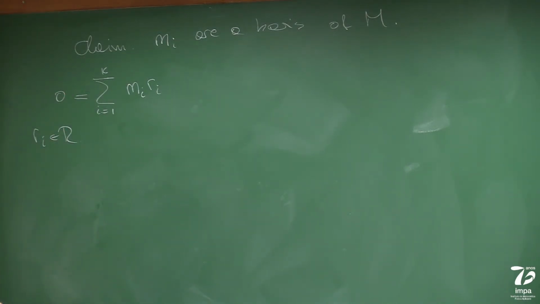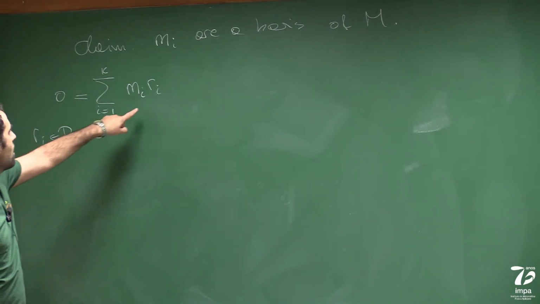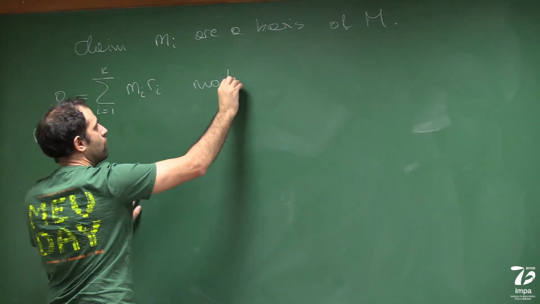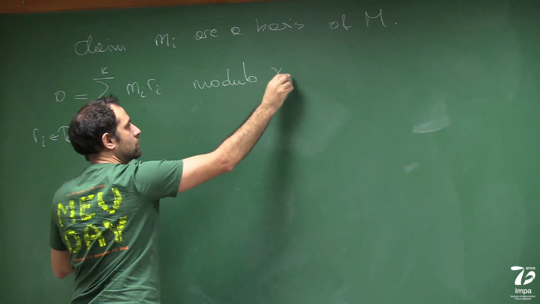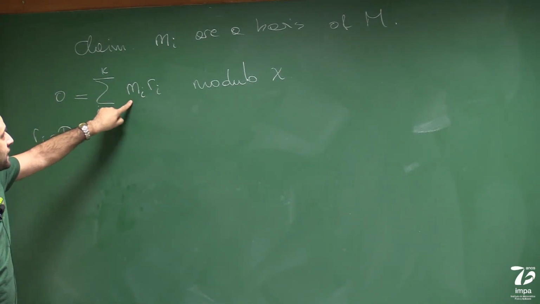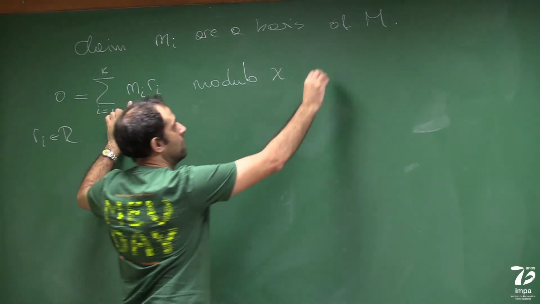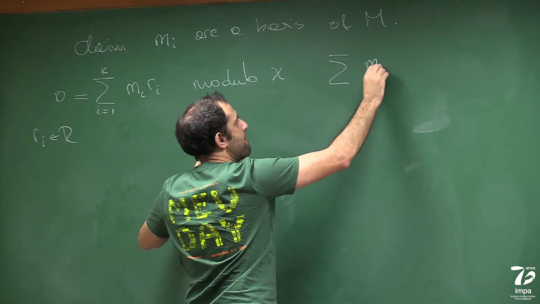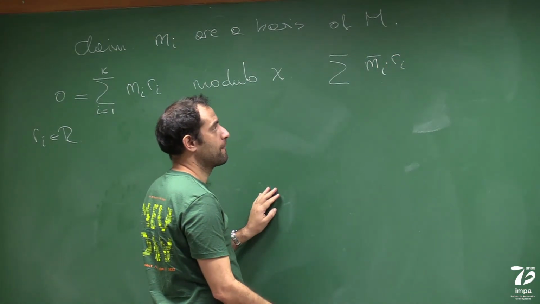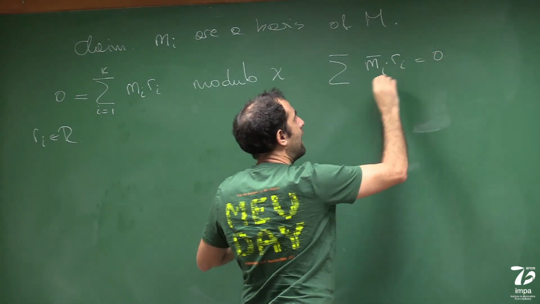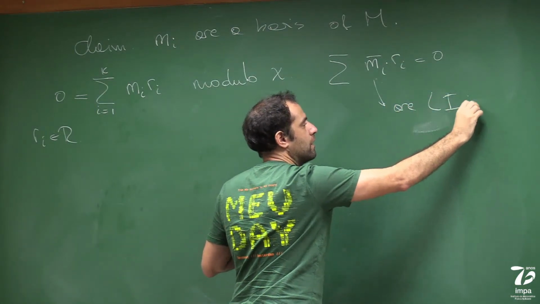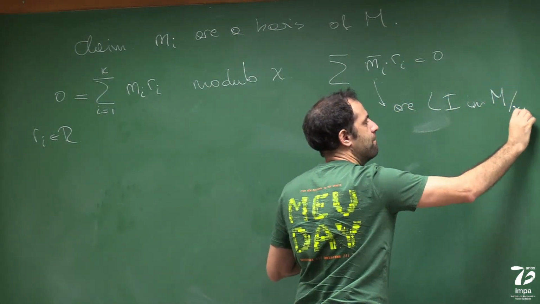Okay? So now, modulo x, if I reduce this thing modulo x, that thing looks like the sum of m bar i times ri is equal to 0. And these guys are linearly independent in M/xM.